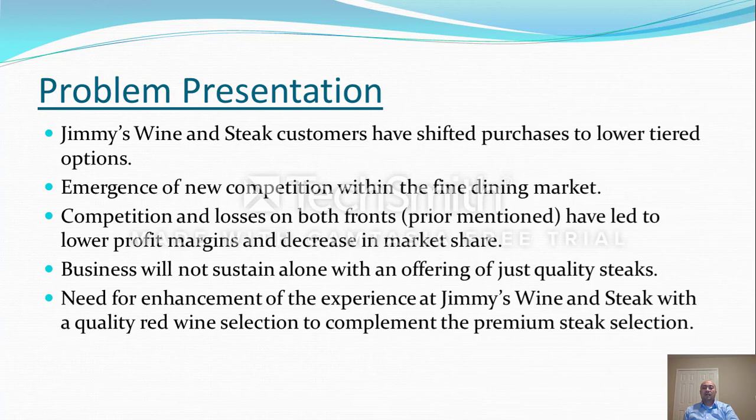The decision has been made by management that this business environment will not be sustainable for Jimmy's Wine and Steak in the long run. Therefore, there needs to be some kind of enhancement to the experience at Jimmy's Wine and Steak. This enhancement will come in the form of a quality red wine selection that can be offered to complement its steak selection.